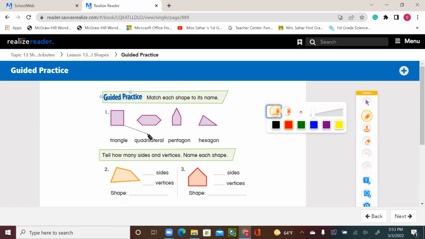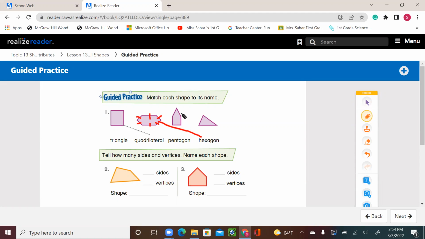Quadrilateral. And now we have the second one. Let's count how many sides. 1, 2, 3, 4, 5, 6, 6. I know 6 means hexagon, so I'm going to draw a line to the word hexagon.